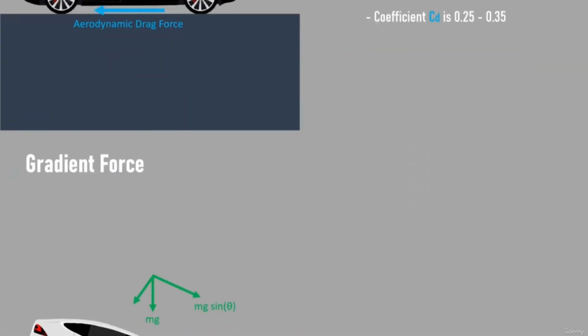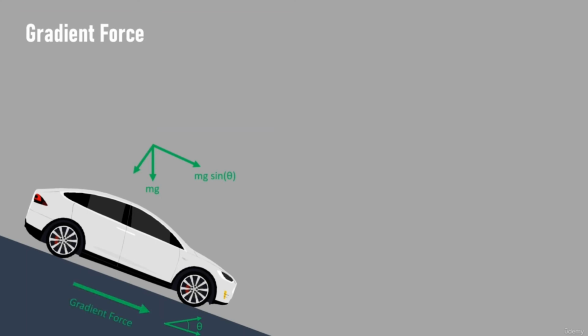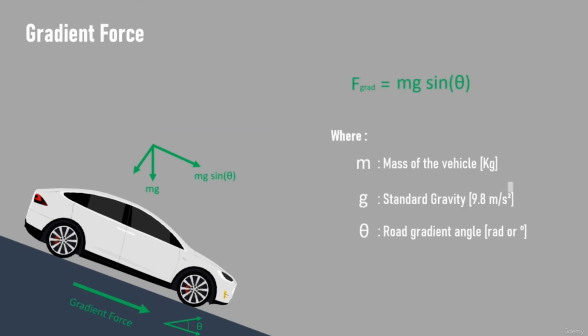The third force that acts on the vehicle is the gradient force and occurs when the vehicle is driving on an uphill or a downhill road. The gradient force is due to the longitudinal component of gravitational force, namely mg sine theta, where theta is the inclination angle of the road as seen earlier.